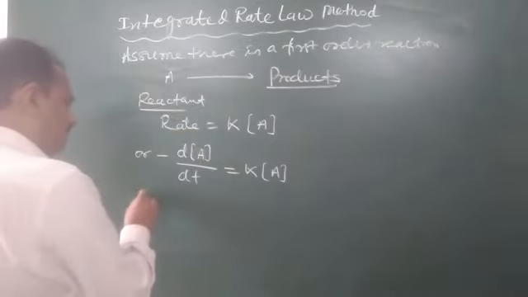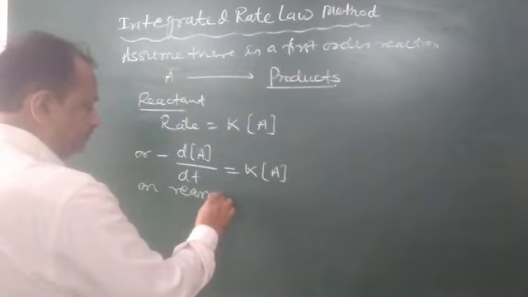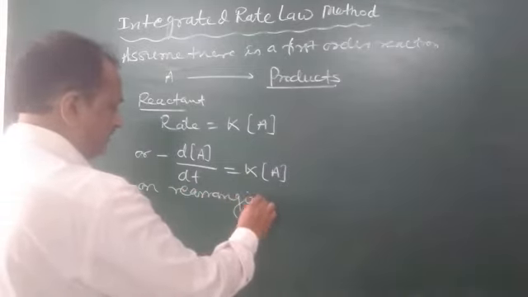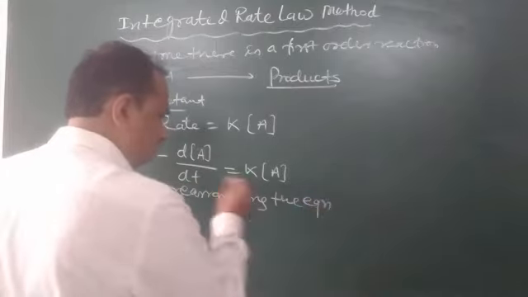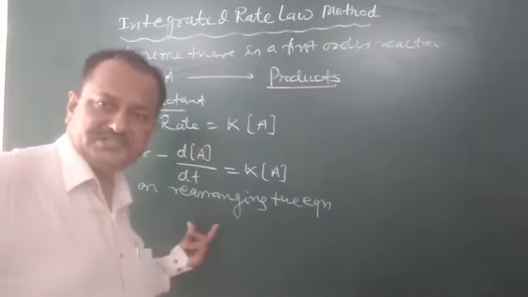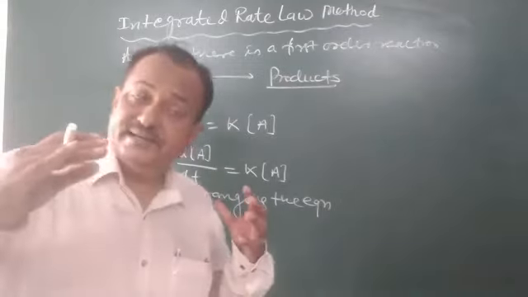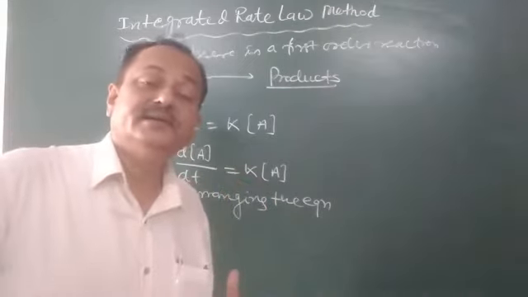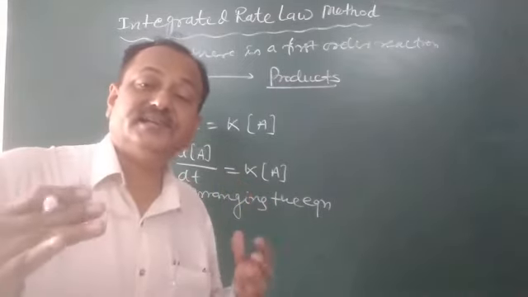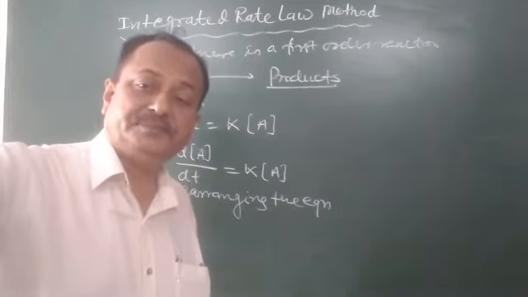In place of x we may write A. On rearranging the equation, this will come to this side. The arrangement is to make the factors convenient for the calculation purpose.